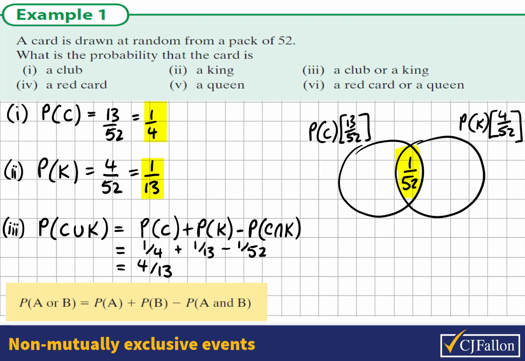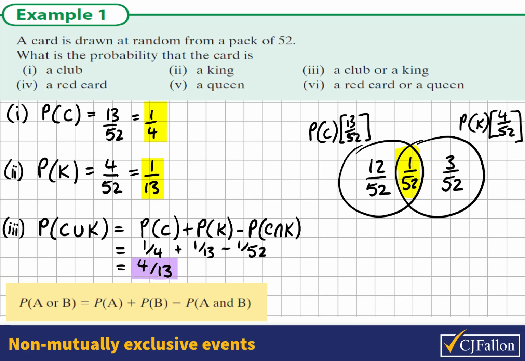So if I take the 1 from the 13, there's 12 in this space that are clubs but not the king of clubs. And there are 3 that are kings but not the king of clubs. If you added up the total inside the circles to get the probability of being a club or a king, you would see it's 12 and 1 and 3 divided by 52, which is 16 out of 52, which is the same answer we got here, 4/13.